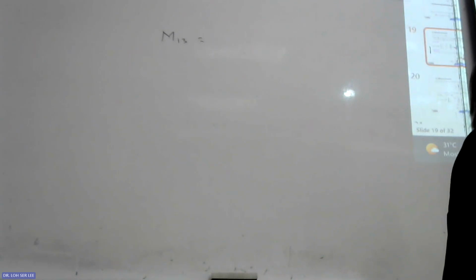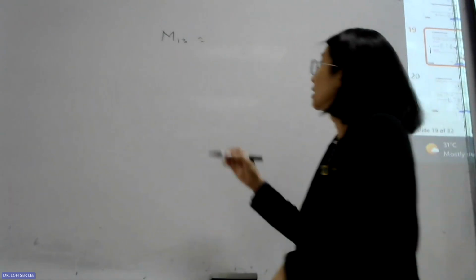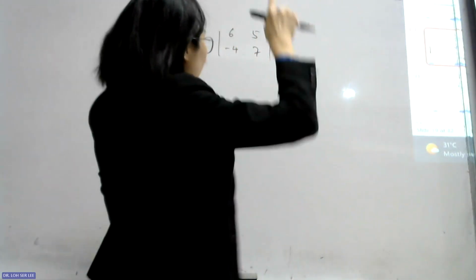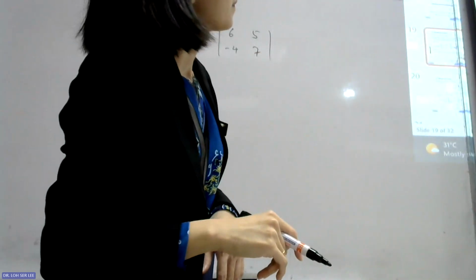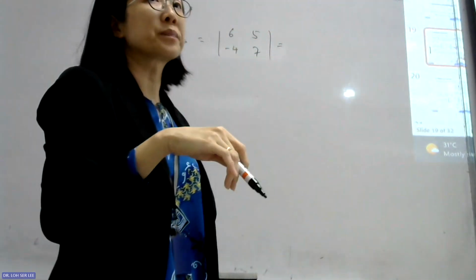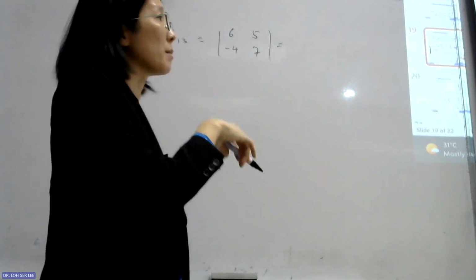We remove this one and this one. So what is left is 6, 5, -4, 7, and we compute the determinant. So AD minus BC. Be careful with the plus and minus sign.